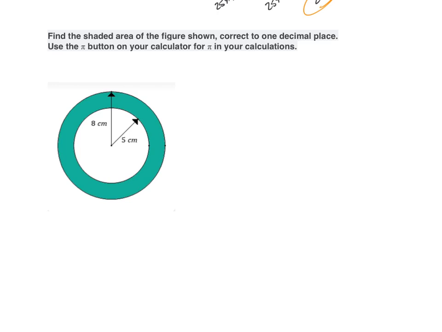I would have this formula written down on my cheat card, guys. You're going to take the area of the big circle minus the area of the small circle, the inner circle. Okay, so the area of the inner circle is right here.